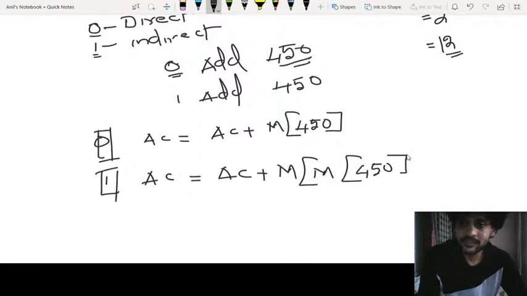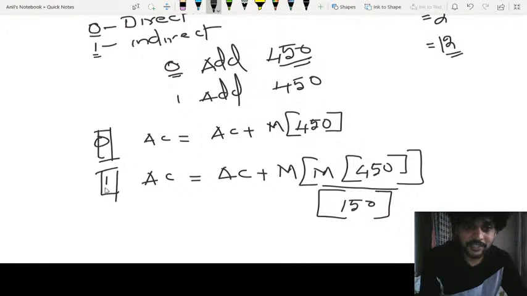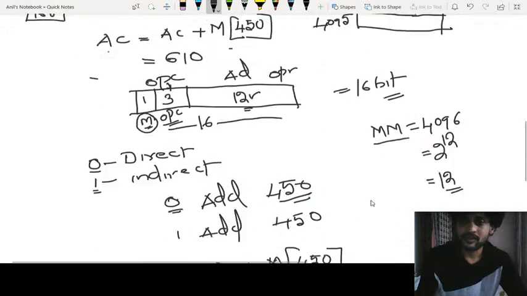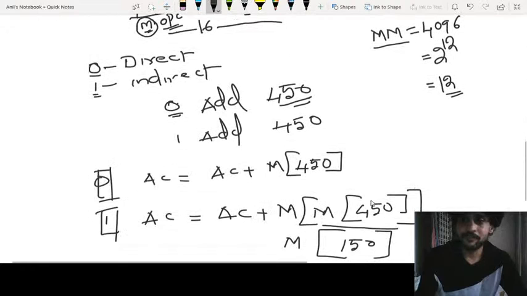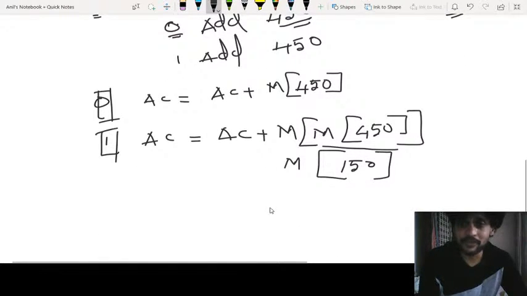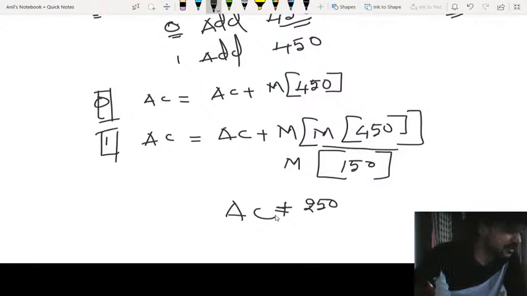That is, M of 450 will give you an address, 150. Okay. Is 150 the value? No, 150 is not the value, because the addressing mode is giving us the indirect addressing. So M of 450 is going to give you 150. Okay, M of 150 is going to give you the actual operand, that is 250. 250 plus accumulator. Did I make myself clear?